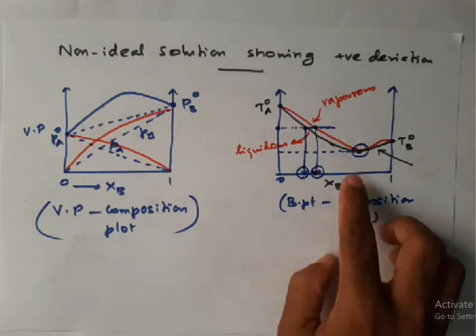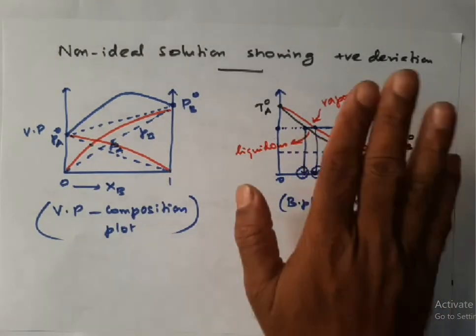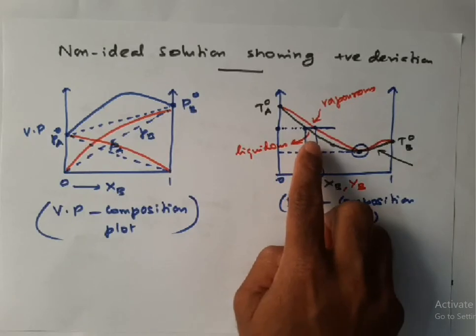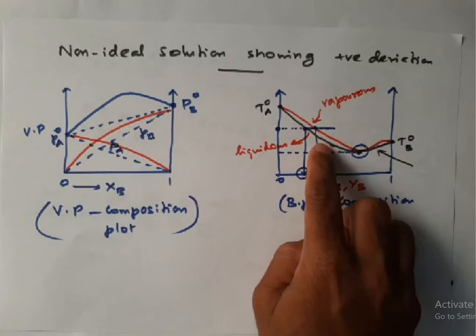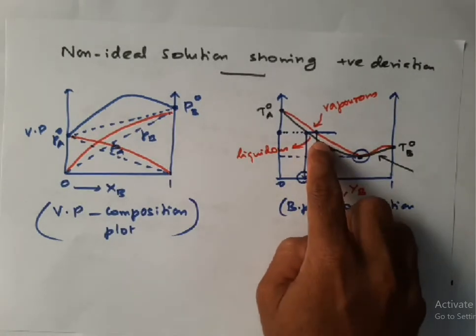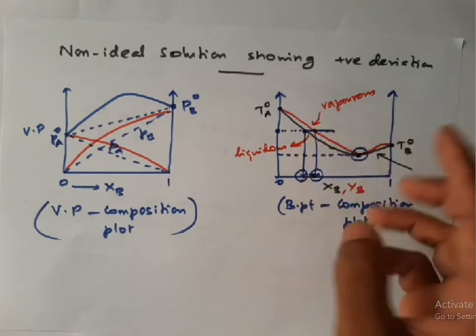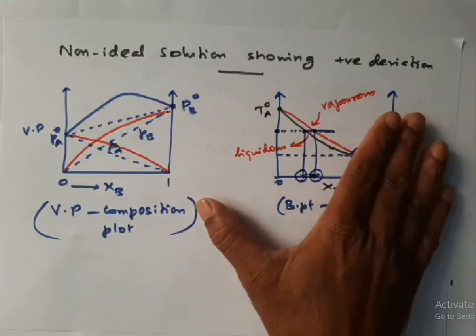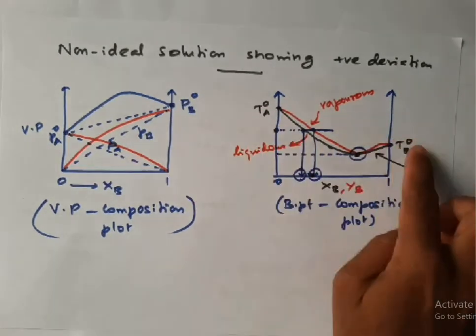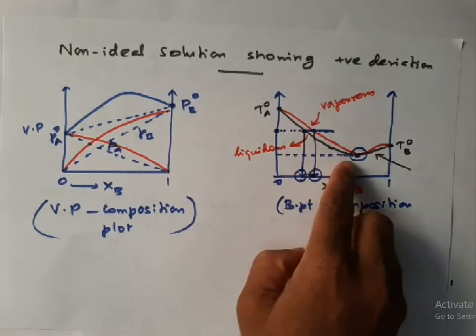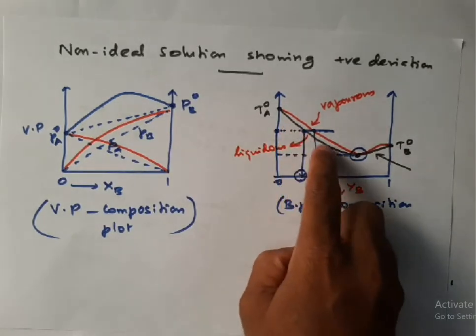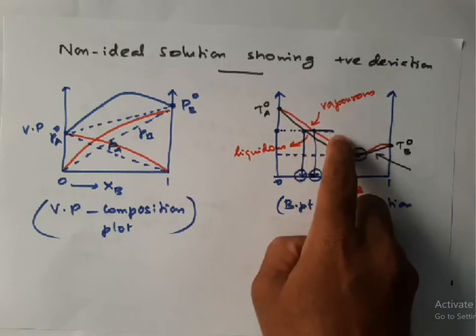Yes, sir. See, students, I have drawn the mole fraction of B in the liquid phase and the mole fraction of B in the vapor phase, both in the same diagram, versus boiling point. The lower line indicates the liquidus line and the upper line indicates the vapor line.